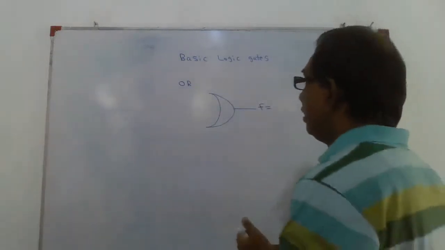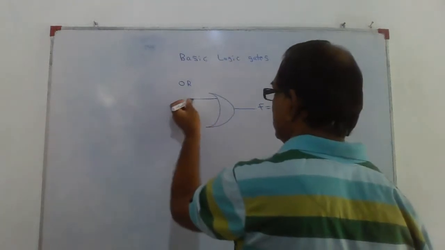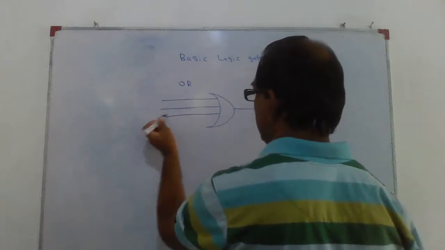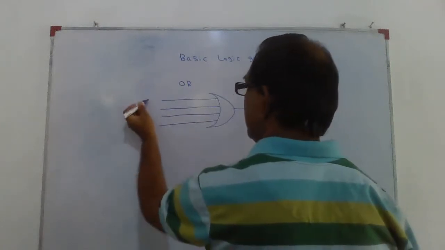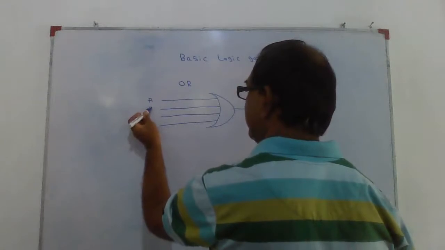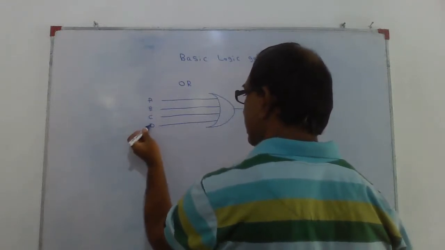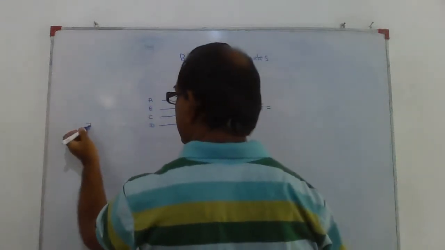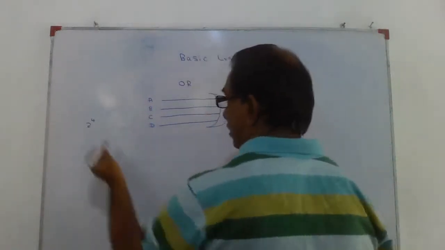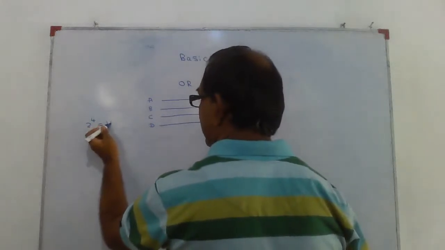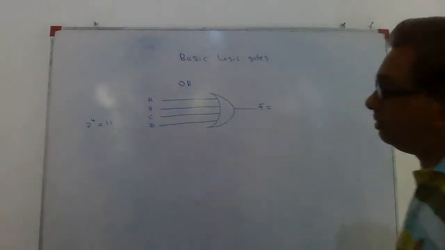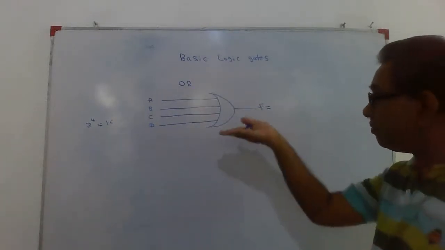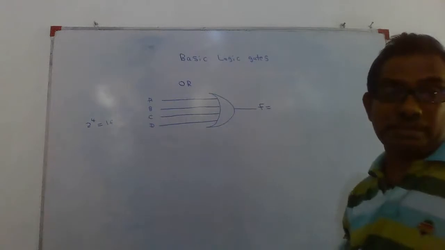What may happen? So we have A, B, C and D. Number of variables is 4. So 2 to the power 4 equals 16. You need 16 rows in order to identify the possibilities.